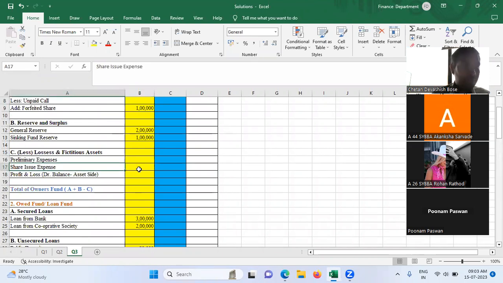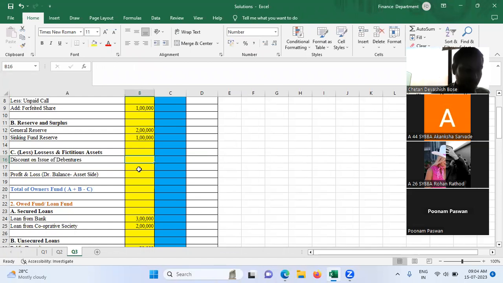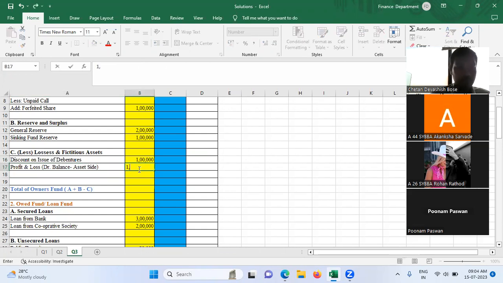Here they have said profit and loss account, and they have said discount on issue of debentures. The amount of discount on issue of debentures is 1 lakh rupees, and the amount of profit and loss is 1 lakh rupees.